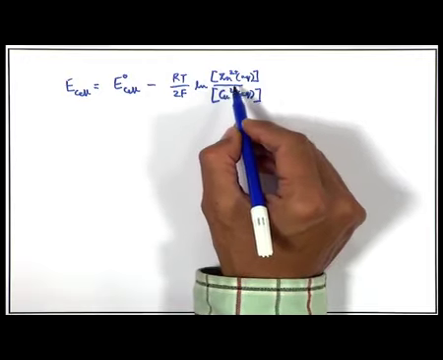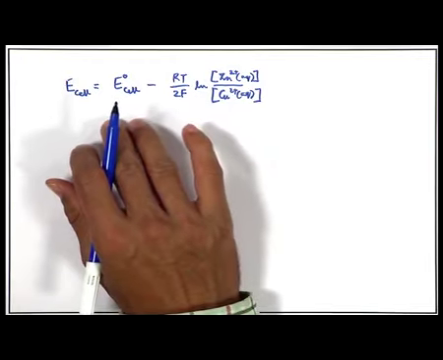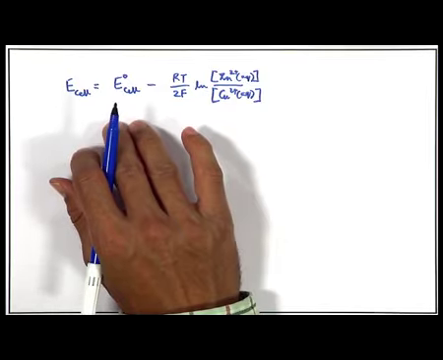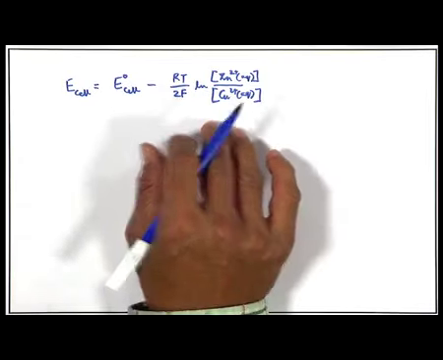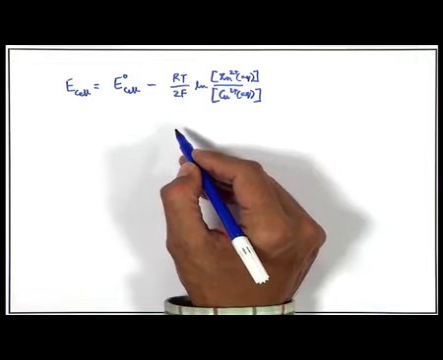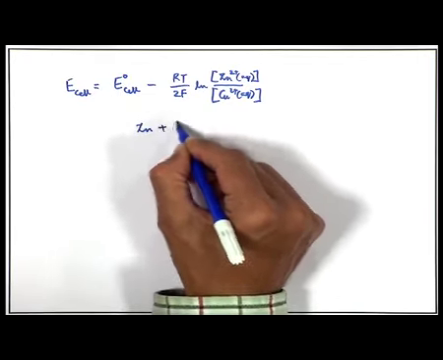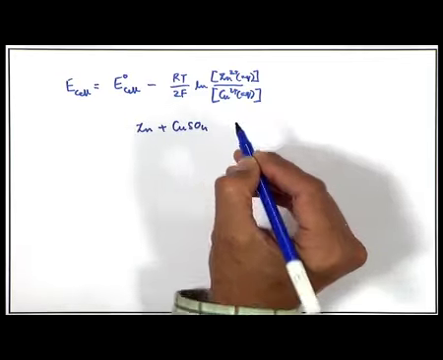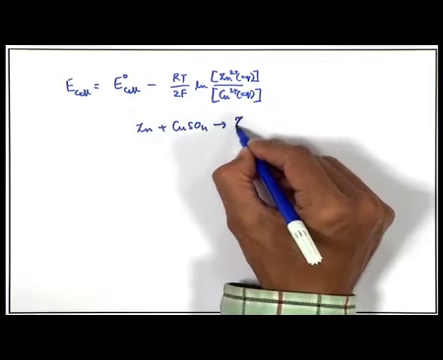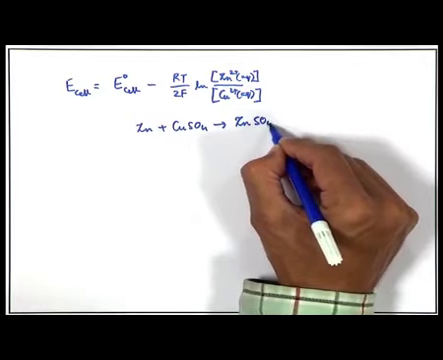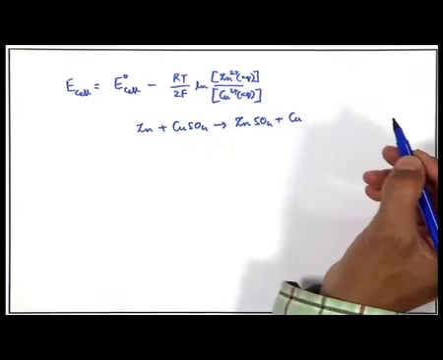So, the net reaction is that in one electrode zinc goes to zinc 2 plus, in the other electrode copper 2 plus goes to copper 0. So, zinc plus CuSO4 gives you zinc sulphate plus Cu.